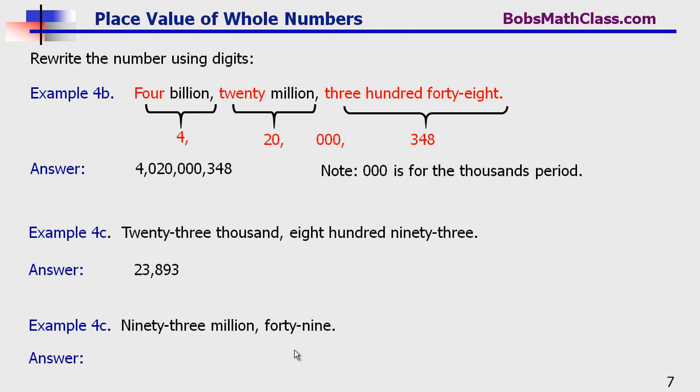So we need some zeros for the thousands place. And then after the thousands is the ones place, and that's 49. So we're just going to need zeros for the thousands. 93,000,000, and then 049. We need that 0 to make sure the 9 is in the 1's place and the 4 is in the 10's place. There is no hundreds place here. If it had said 349, then we would have a 3 in that hundreds place. But it's just 49. We don't want to have 490, because that would be 490. So 049.